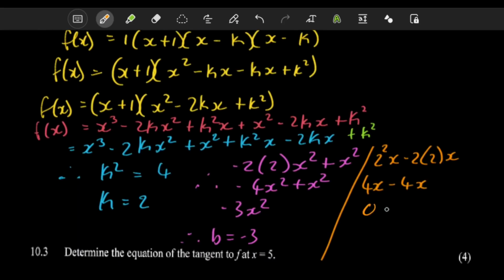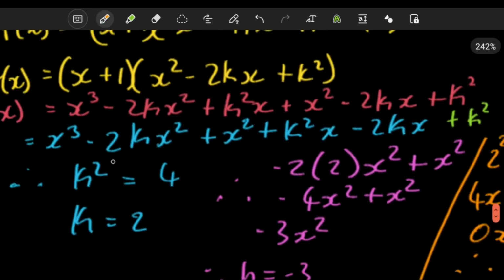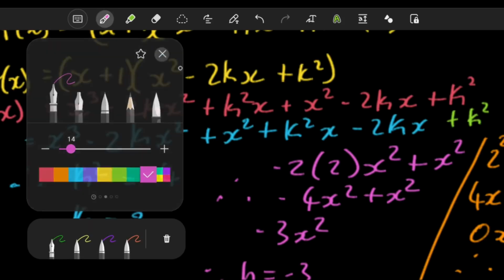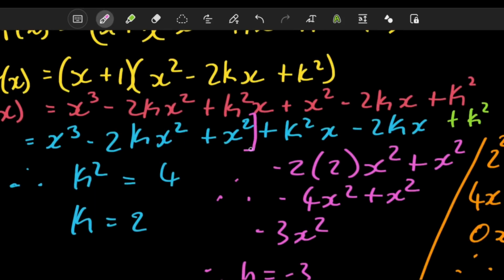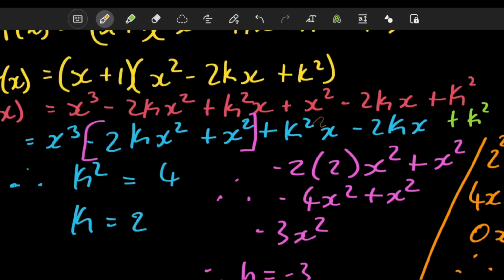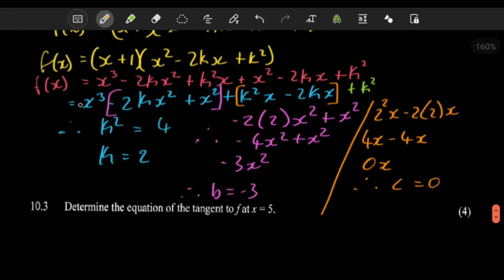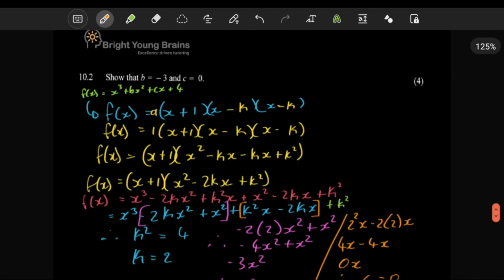This is giving you 0x, therefore c is a 0. Let me color code it so that you can understand better. The stuff that has x squared is what contributes to your value of b. And the stuff that does not have x squared, the portion that has x on its own, is the part that contributes to your c value. This part contributes to your d, this part contributes to your a. So that's going to give you how many marks? 4 marks.